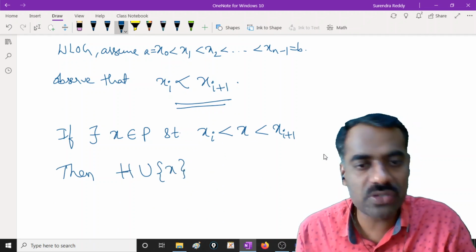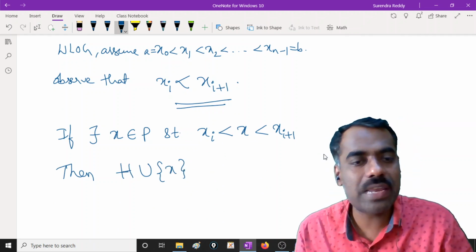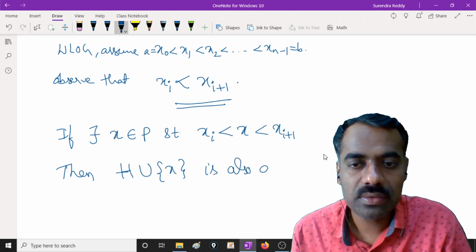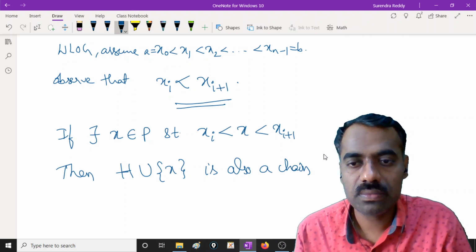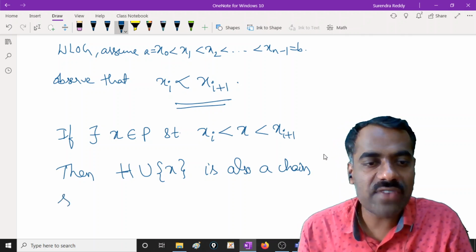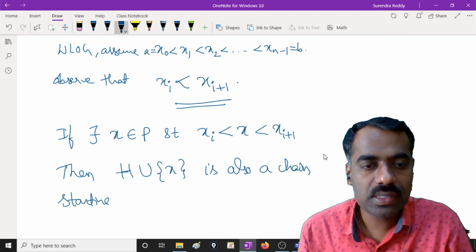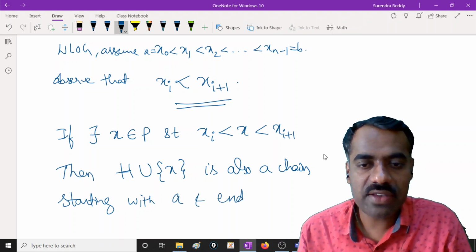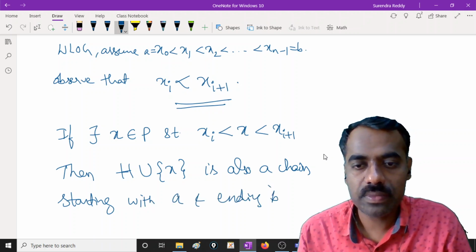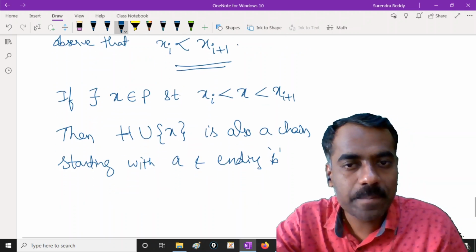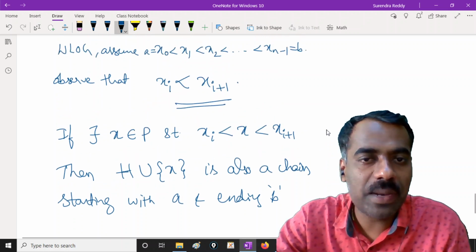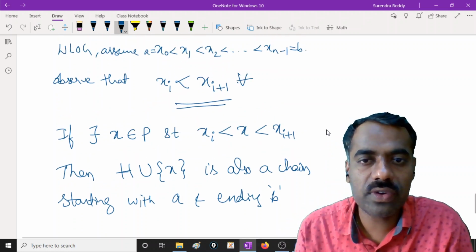If you take H together with this element, then it is also a chain, right? Starting with A and ending with B, right? Is this clear? Because your x is in between xi and xi plus 1. So this is true for every i.